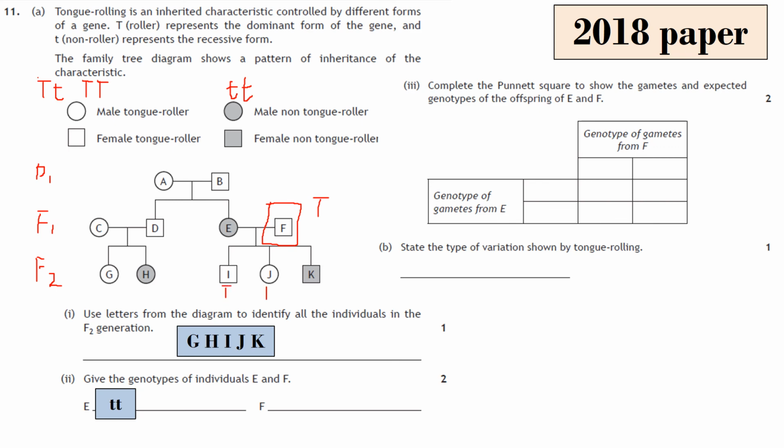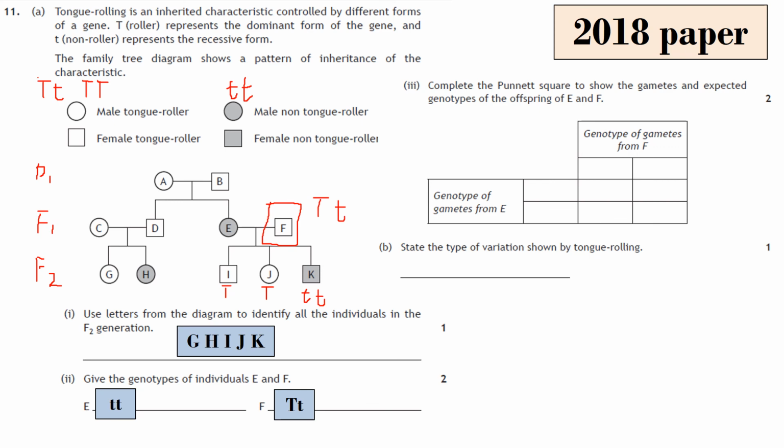That one's got a big T. But if you look at K, K is a non-tongue roller, so K must be small t, small t. Now we look at the parents: it definitely gets a T from F, but it must have got a small t from E, and it must have got a small t from F as well. So that means F is going to be big T, small t.